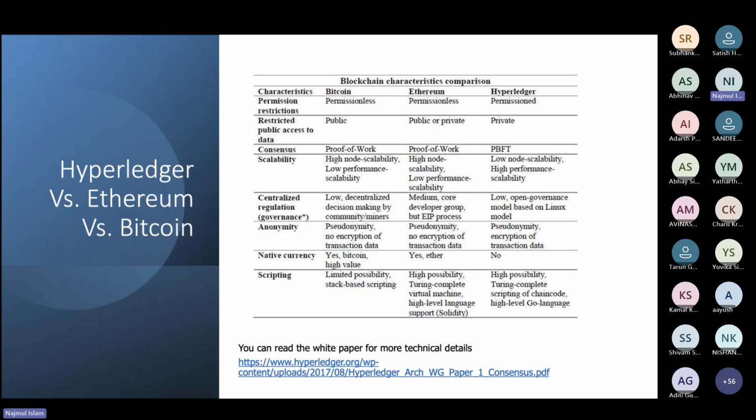Scalability. Scalability in Bitcoin, of course, the performance is very, very low, and it is not scalable. For transactions to be validated in the Bitcoin network, it needs hours, even days. So it's very slow.